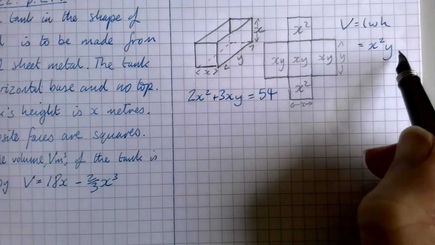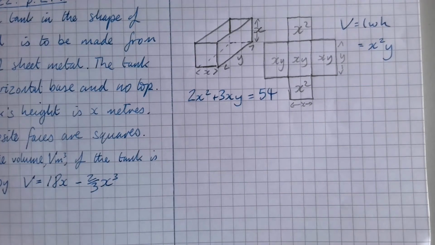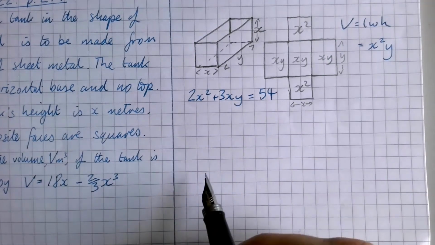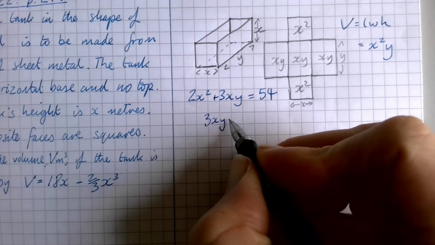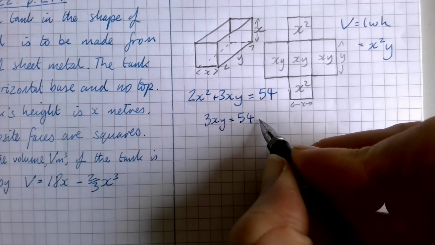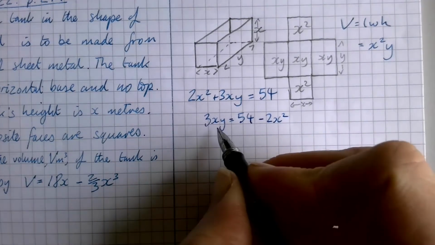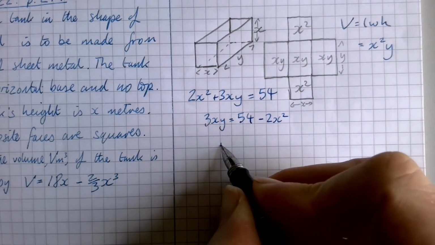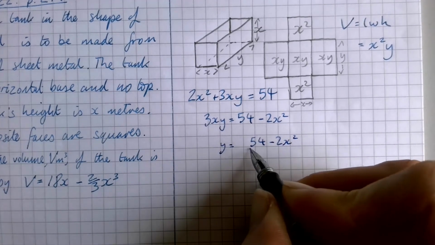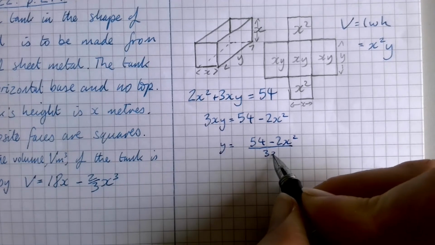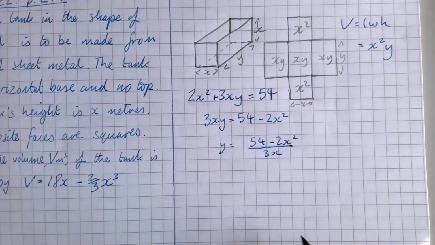So I need to put my y into terms of x, which I can do if I rearrange this. If I take 2x squared from both sides, first of all, I'm going to get 3xy is 54 take 2x squared, and then if I divide by 3x, I will get 54 take 2x squared all over 3x.